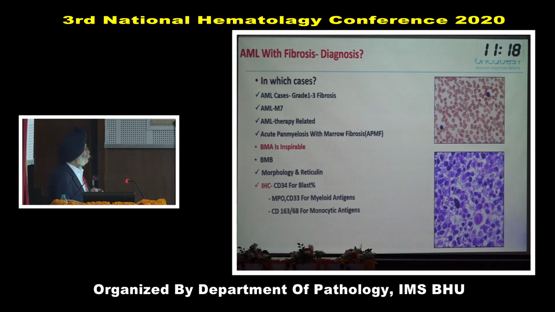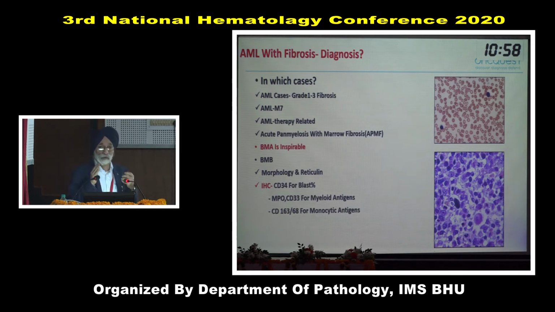Now AML with fibrosis. These are the cases in which we find there is leukopenia. Occasional blast cells may or may not be seen, and since there is marrow fibrosis, blast cells are present but the aspirate is inaspirable. Which cases are these? It could be any case of AML. It could be AML M7.